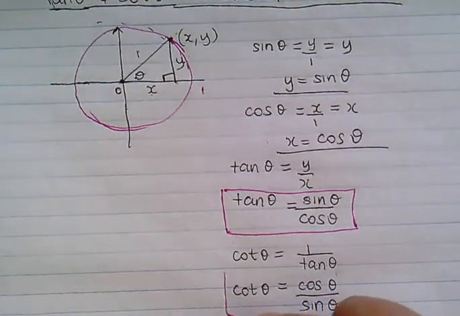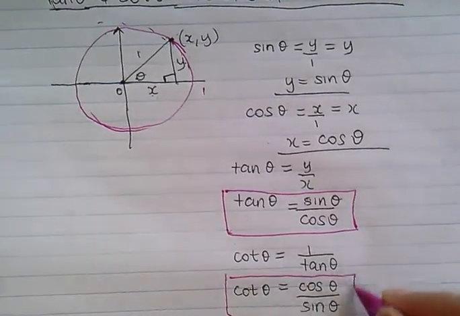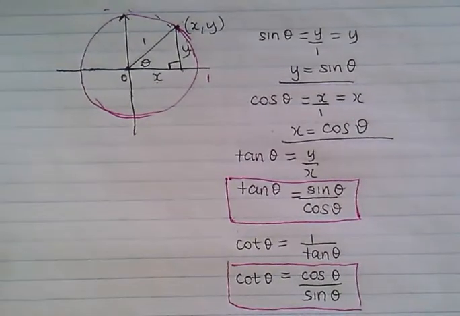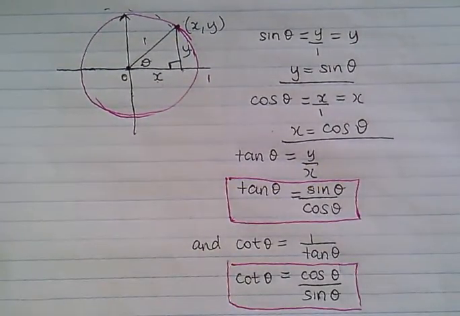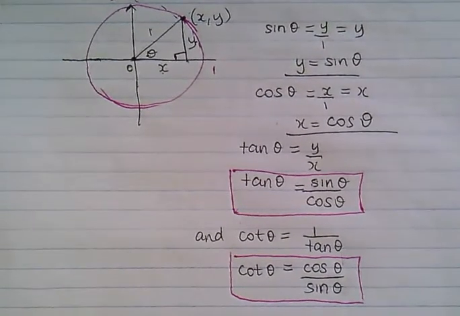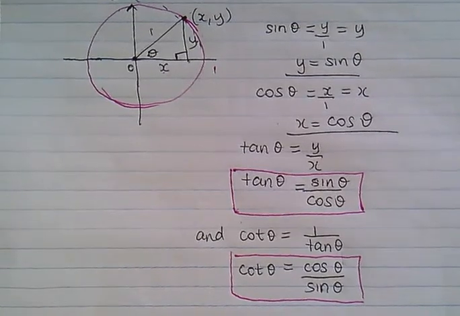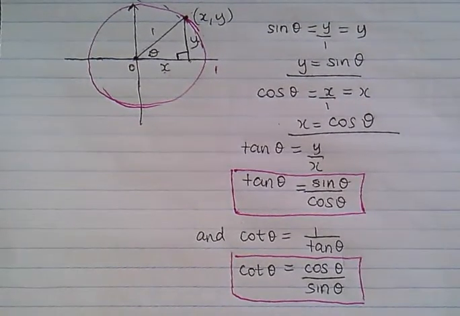So the result for cot theta is the reciprocal of the tan theta result. So cot theta is cos on sine. Tan is sine on cos. Cot is the reciprocal of that, which is cos on sine. Now we're just going to look at the Pythagorean identities based on this unit circle.